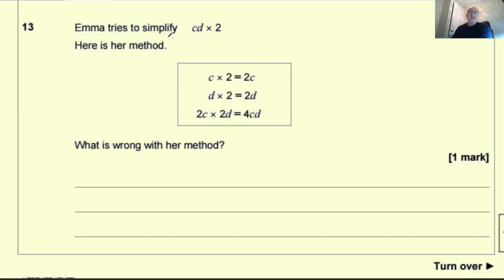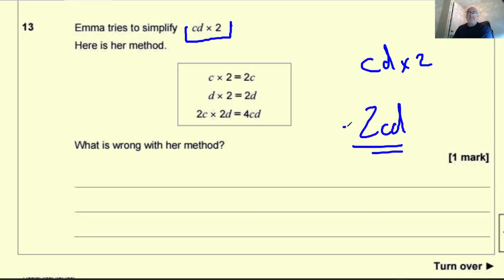So my advice is always, if it says what's wrong with their method, her method, his method, just look at what they give you to start with and you calculate it as you would calculate it. So if I did CD multiplied by 2, well, I've just got 2 lots of CD. I'm timesing the whole thing by 2, 2 lots of CD.